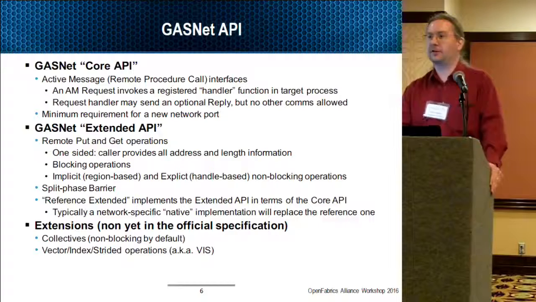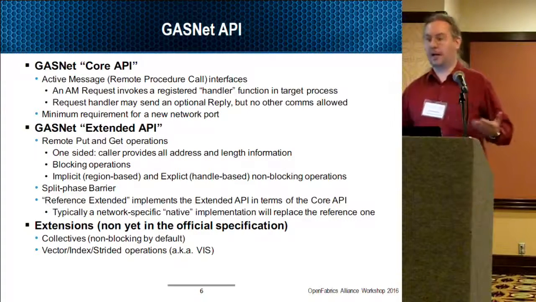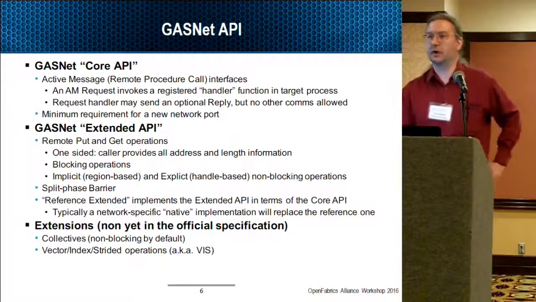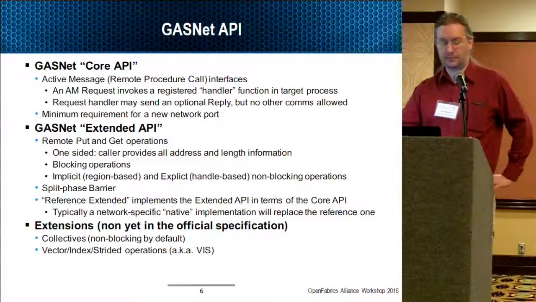So you have some flexibility. These types of things are mainly intended for compiler-generated code where it may take some mechanisms to bundle together things into a single handle, a single object to track communication that was initiated with multiple operations.